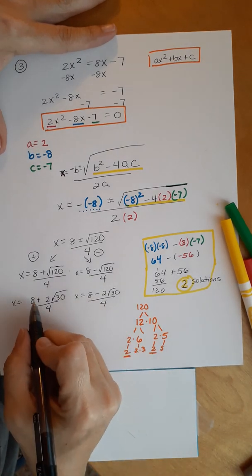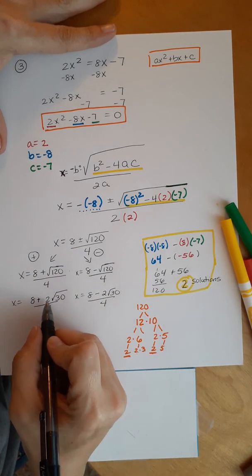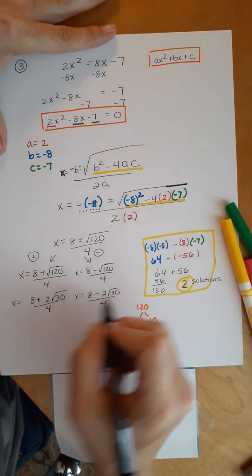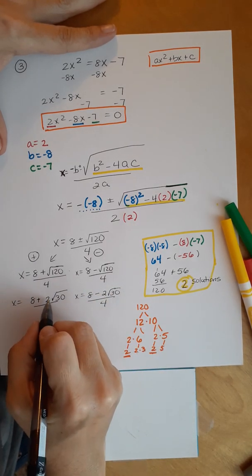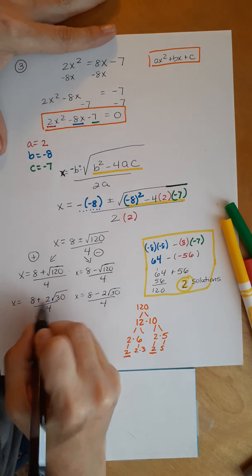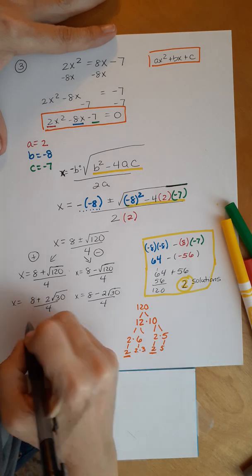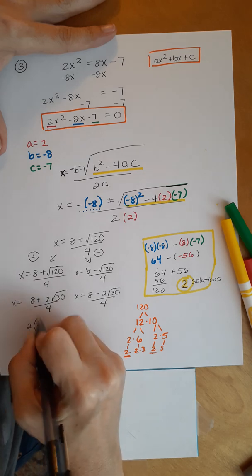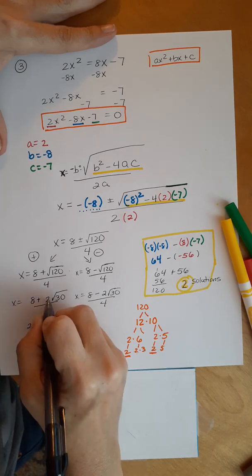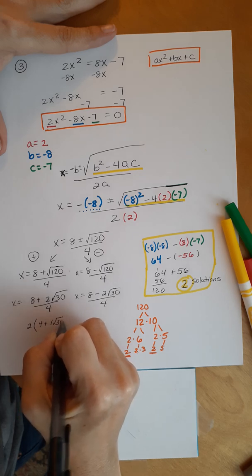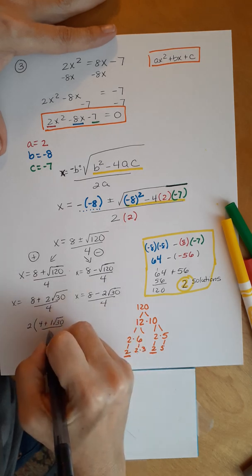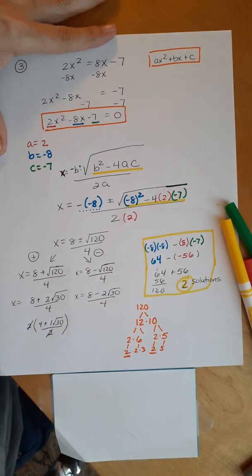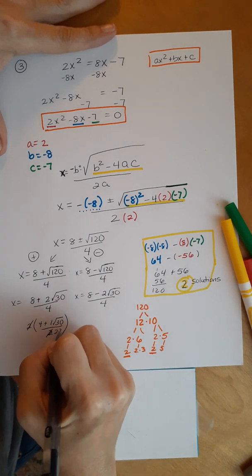Now, why did I take that out? Because if I have an even number, an even number, an even number, I can actually reduce it by, what's my lowest number? 2, right? If I take out a 2, here I'm left with 4. 2 times 4 is 8, plus 2 times 1, square root of 30, over 2 times 2.